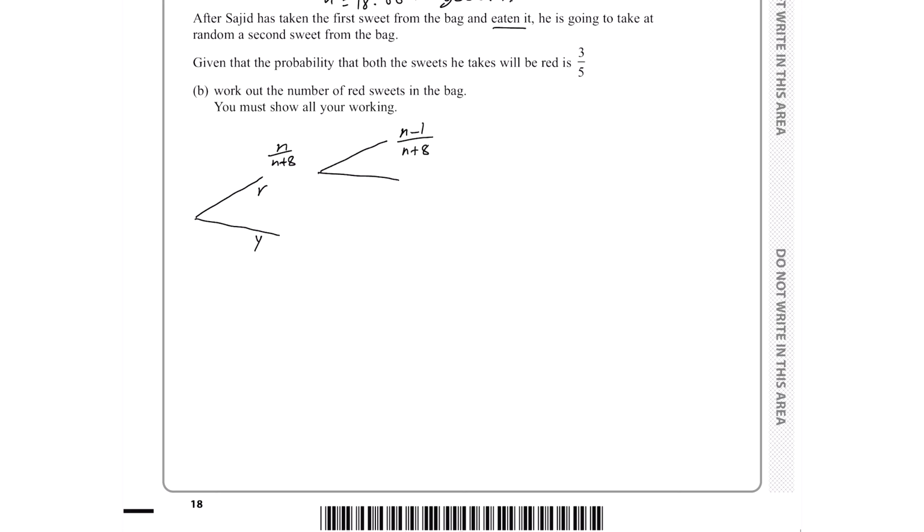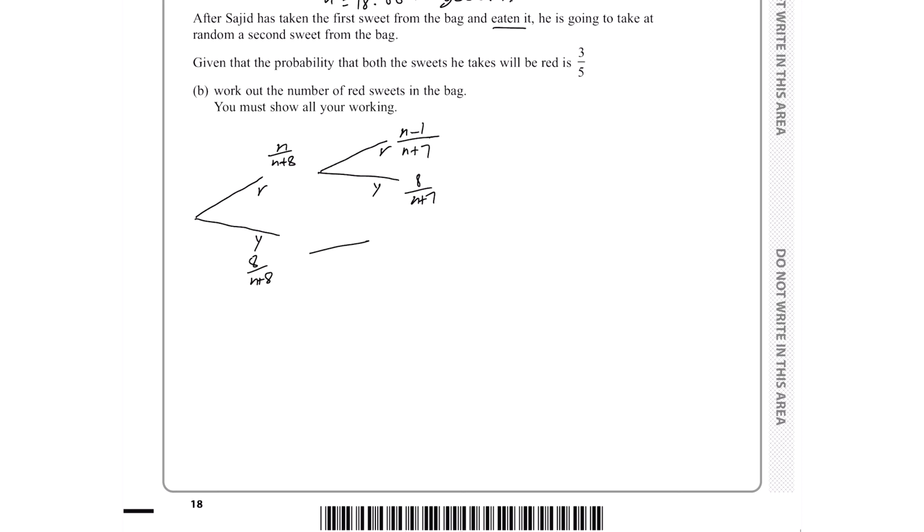For yellow it remains unchanged, so yellow is 8 over n plus 8. But it won't be plus 8 actually, because he's eaten 1, so we'll take 1 off the total as well. That'll be minus 1, and that becomes 7, because we're minusing 1 top and bottom.